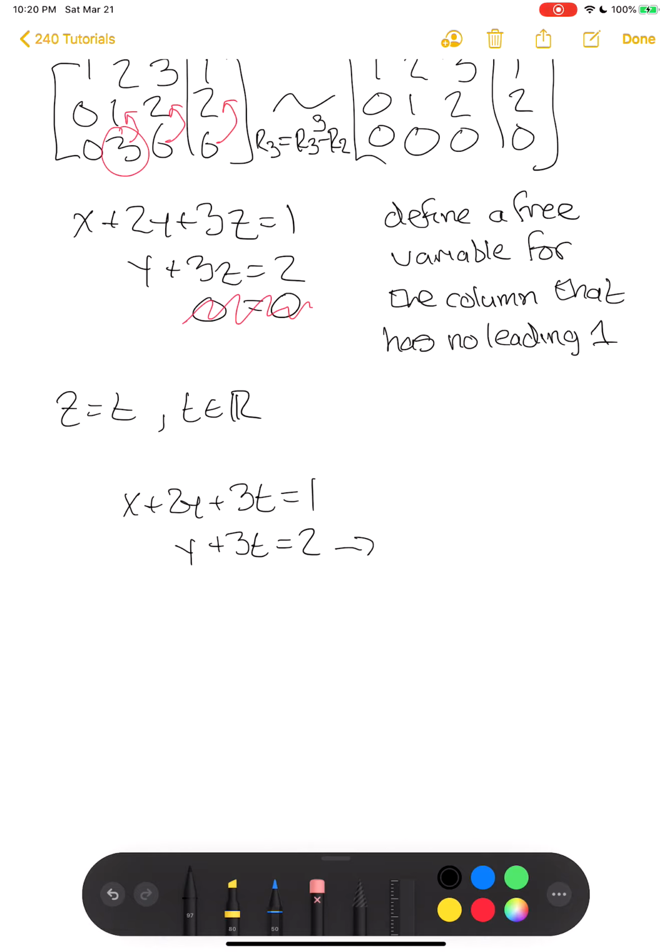So this tells me that y is equal to 2 minus 3t. X is the one we still have to solve for. X is equal to negative t minus 3, and then z is just equal to t.